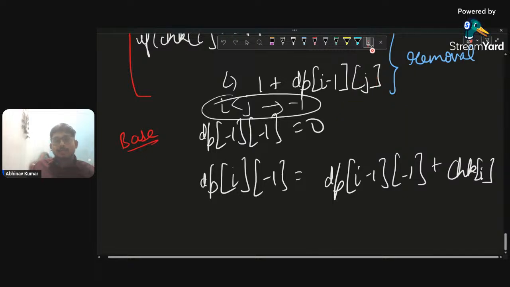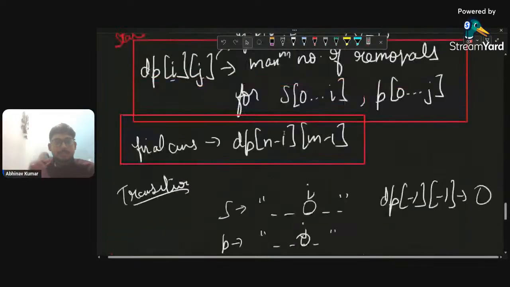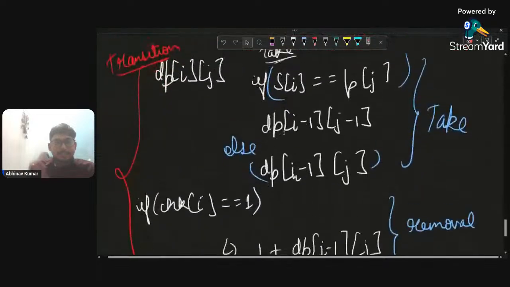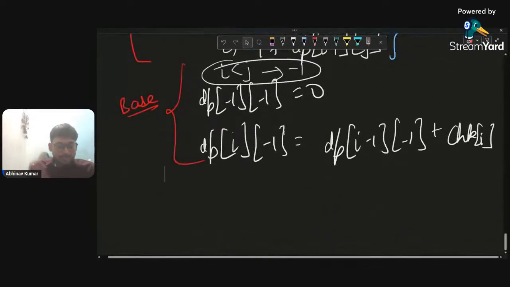If j is greater than i, the state would always be -1, because the length of my subsequence is j, and that cannot occur in a string of length i which is less than j. So for this case my answer would always be -1. These would be my base cases. I hope you understood the base case, the transition, and the state. So we can move to the code to understand better.